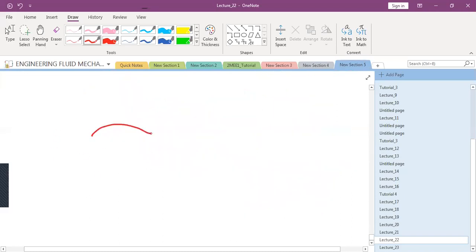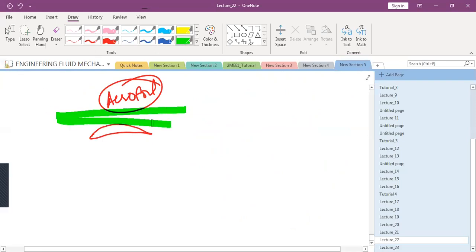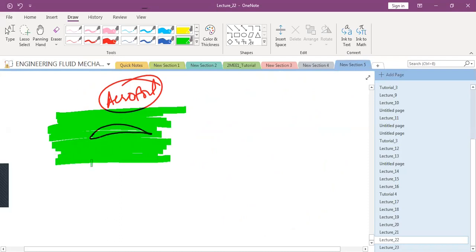All of you have heard about an aerofoil? Now, if there was a tank of water in which you had this aerofoil, and I start moving this aerofoil in this direction, what will happen to this aerofoil?